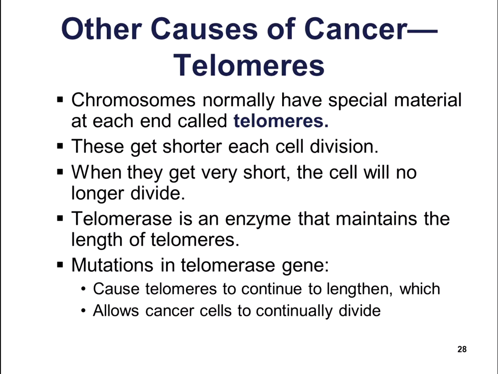Telomerase is an enzyme that maintains the length of these telomeres. But you could have a mutation in the telomerase gene, and this would cause the telomeres to continue to lengthen, and this could allow cancer to continually divide.